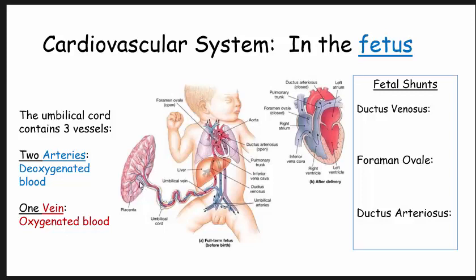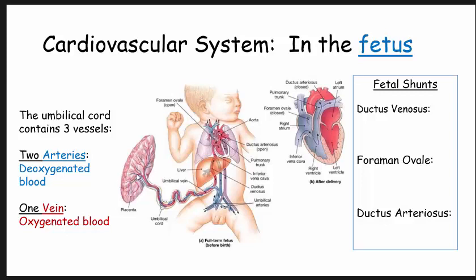Actually, just a fun fact, the maternal blood and the fetal blood actually never mix. All osmosis, diffusion, active transport, all of those reactions are occurring here in the placenta without blood needing to mix. So the fetal blood is his own blood in circulation.